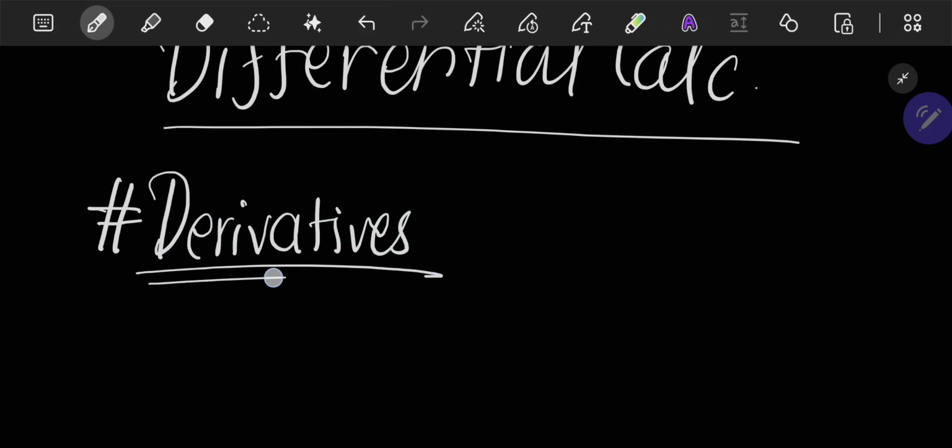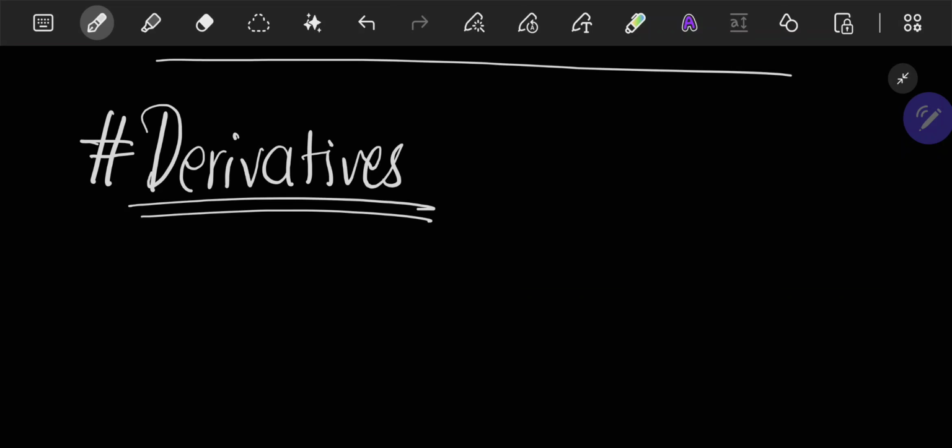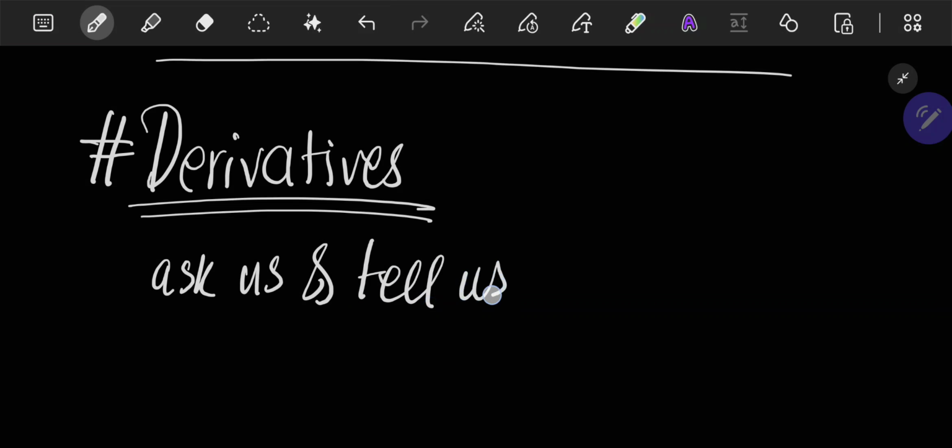Now, what are derivatives? You could say that it's a concept essentially. Derivatives are a concept that tell us about the rate of change.